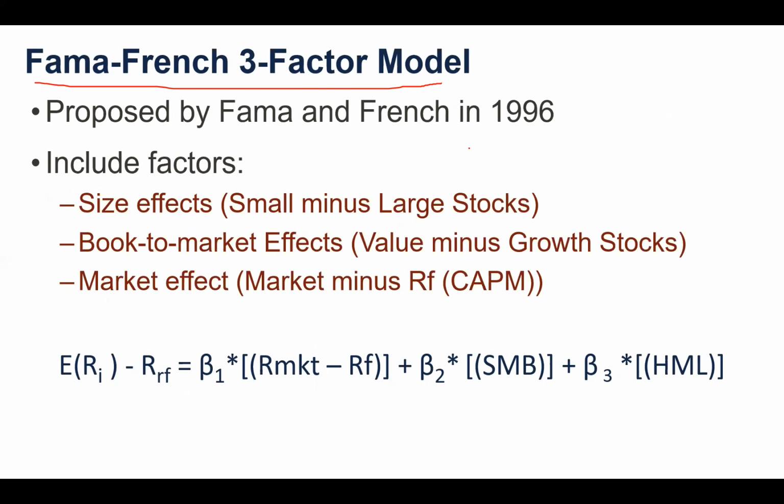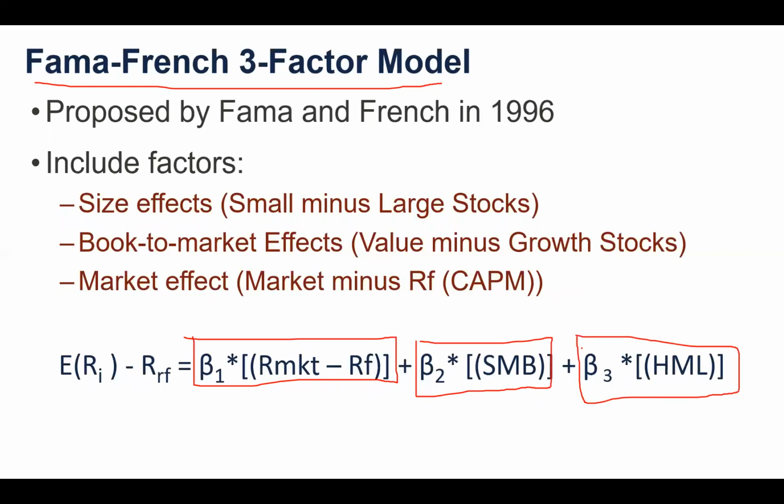And it includes those factors that we were talking about: size effects, book-to-market effects, and market effects. So basically, this is the CAPM equation, but it also controls for the fact that small stocks beat large stocks, and the fact that value stocks beat growth stocks, right?